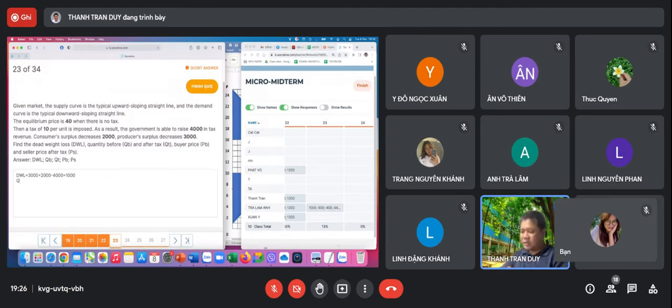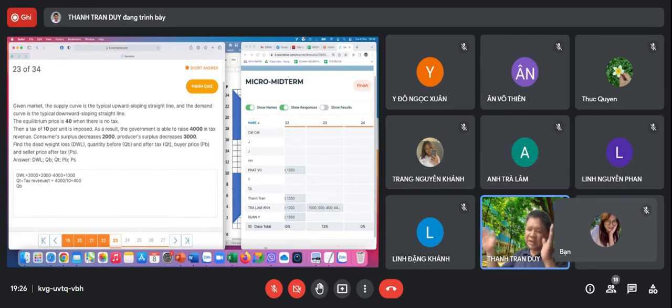Now, quantity with tax, QT, will be equal to tax revenue divided by tax, right? And so it will be equal to 4,000 divided by 10, which is 400. And if you want to find QB, meaning quantity before tax, we have to find out the distance between QB and QT.